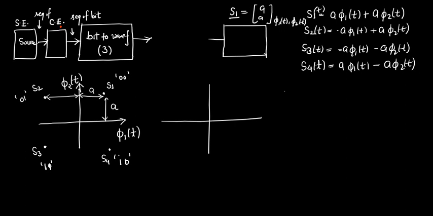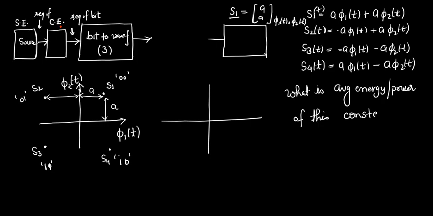So the question is, what is the average energy or power of this constellation? This is called a constellation diagram. So look at this constellation and tell what is the average energy, given all symbols are equiprobable.